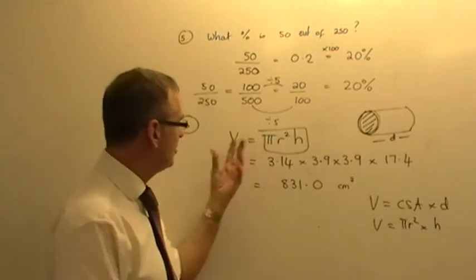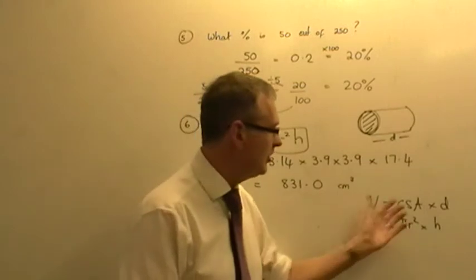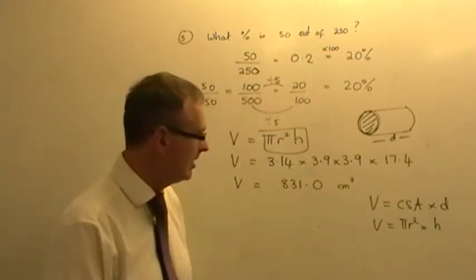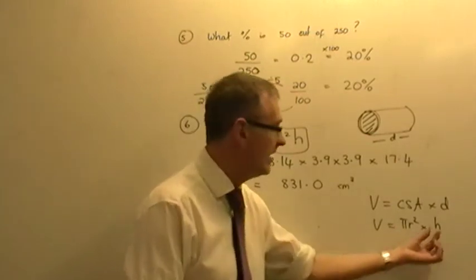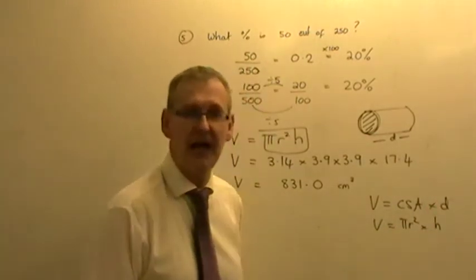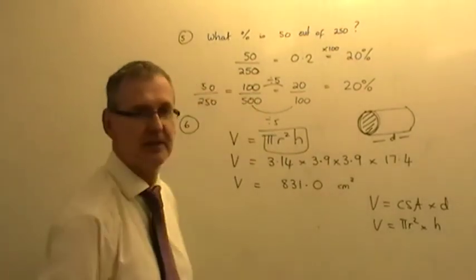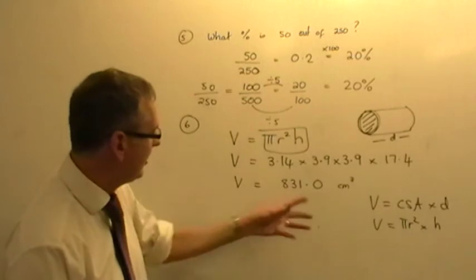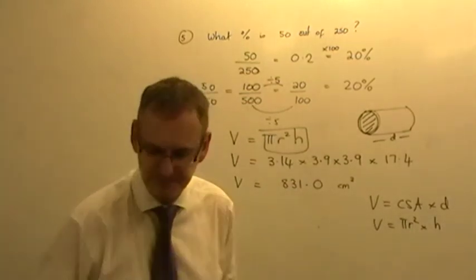If I was doing it, I would just quote that formula for a cylinder straight out and do that. If you want to, you can do this as a prism calculation. CSA, cross-sectional area, is area of a circle, pi r squared, and then times by the depth, or you can call it height if you turn it on its side. And you obviously put the numbers in, you get the same answer. So there is the answer, 831.0 cubic centimetres for the volume of that cylinder.